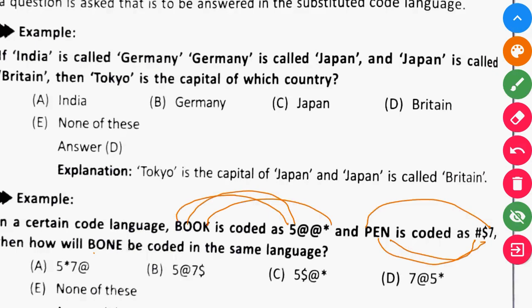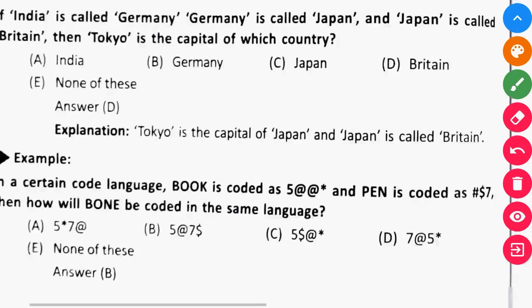Okay, so in bone, for B which code is assigned? 5, for O at the rate, for N 7, and for E dollar sign. So where is such an answer? 5 at the rate 7 dollar, B. So B is your answer.